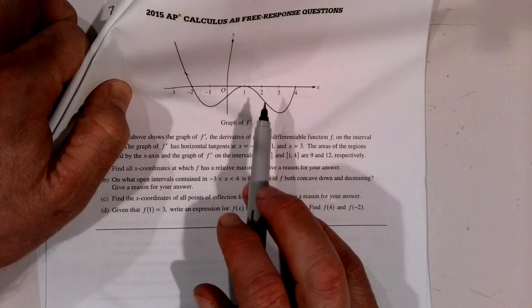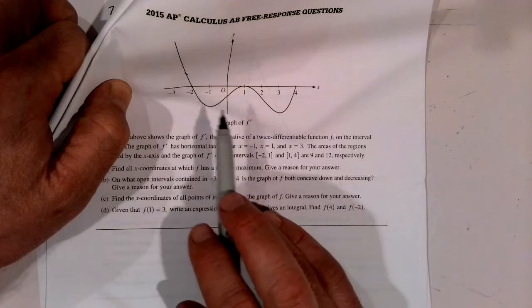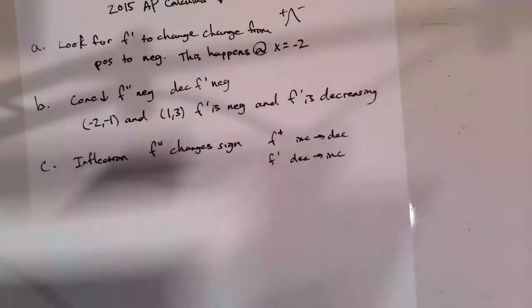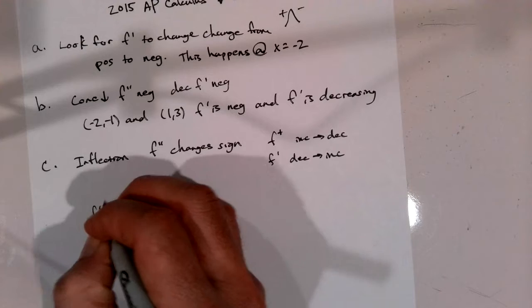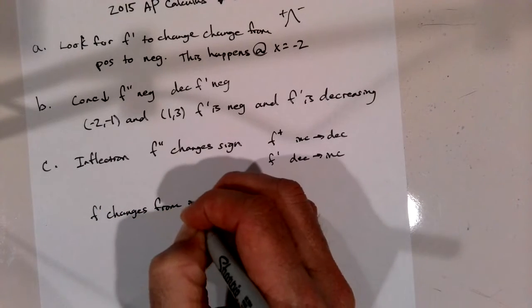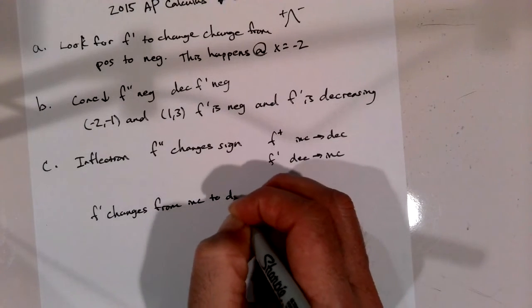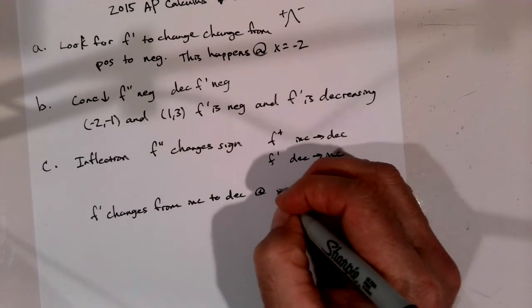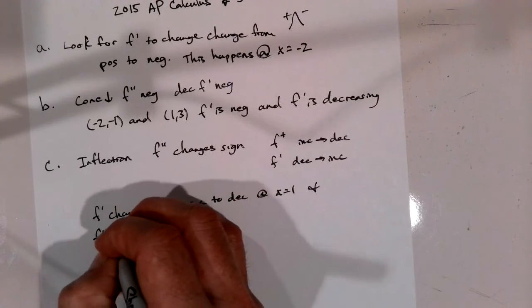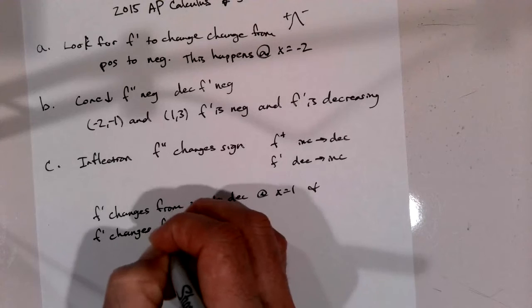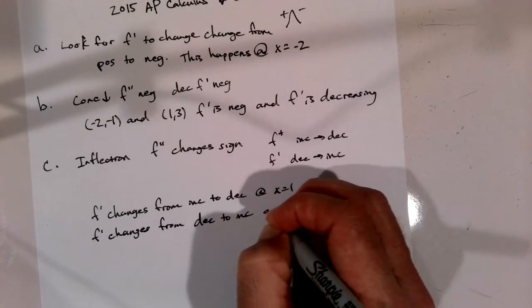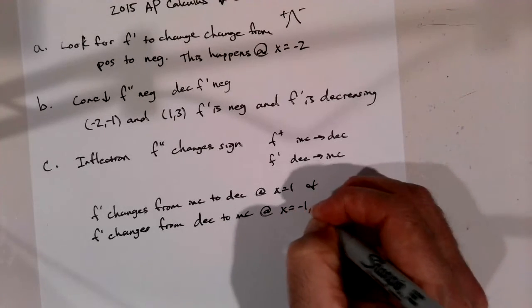It changes from decreasing to increasing. So we have -1 and 3. And it changes from increasing to decreasing at 1. So f prime changes from increasing to decreasing at x equals 1. And f prime changes from decreasing to increasing at x equals -1 and 3.